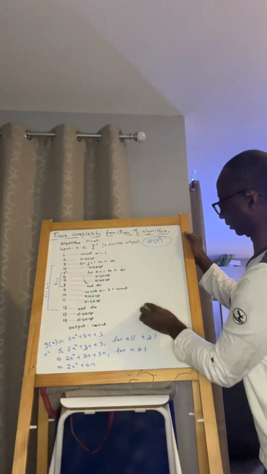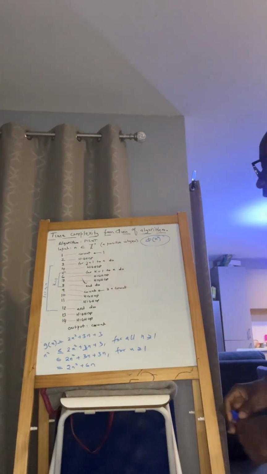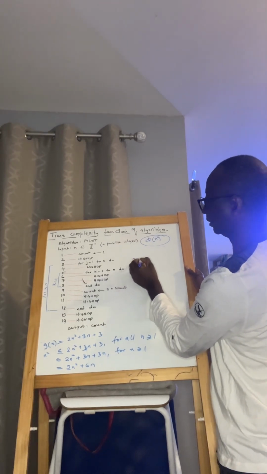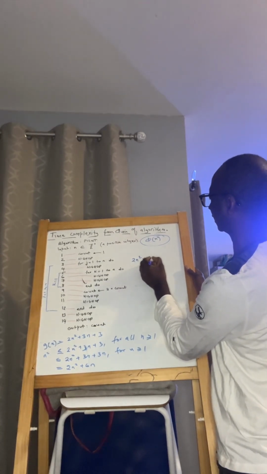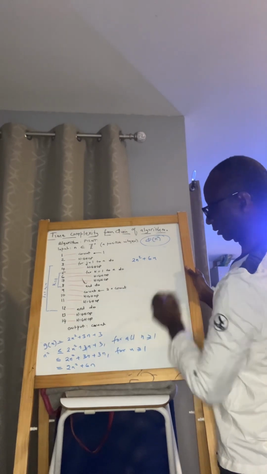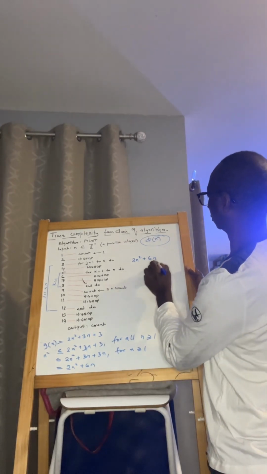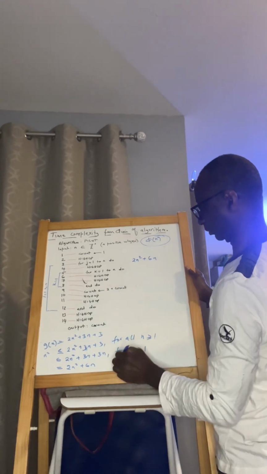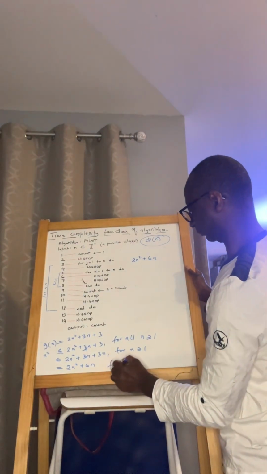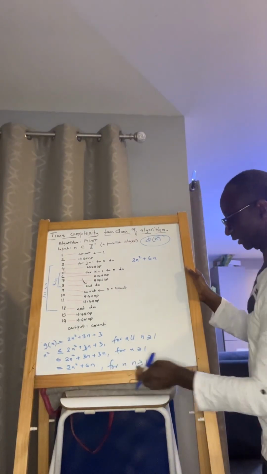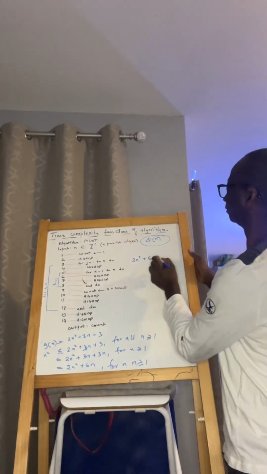We've got steps to follow. So it means 2n squared plus 6n for all n greater than or equal to 1. Don't forget this condition. It's important.